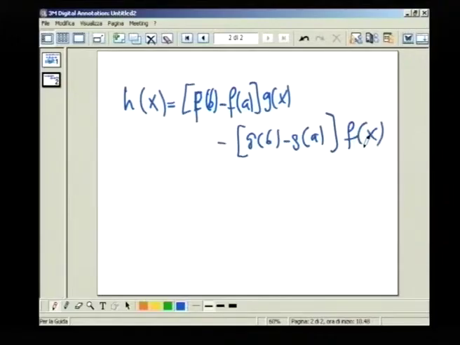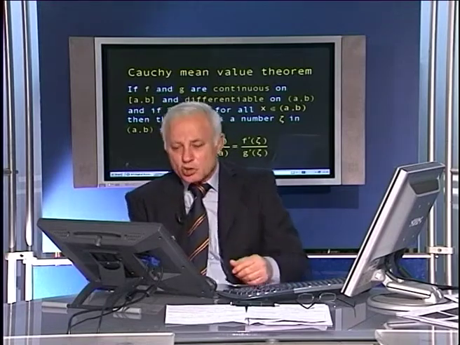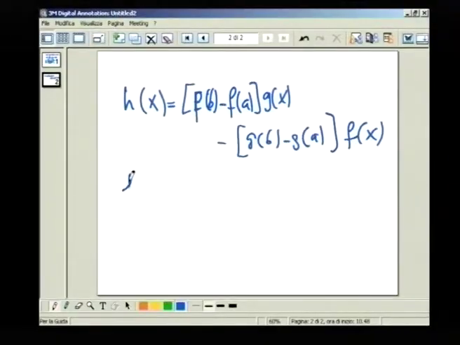Now, we said before that if you use Rolle's theorem, and you have a function h(x) that has two equal values at two different points, for example a and b, then there must exist a point at which the derivative vanishes. We call this point zeta. So if you substitute x equal to a, and then substitute again at b, you find that h(a) equals h(b), and therefore there must exist a point zeta at which h'(zeta) equals 0.